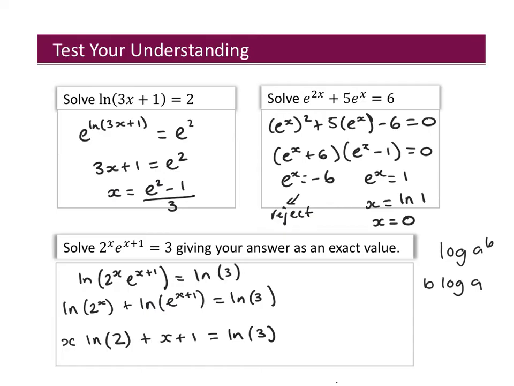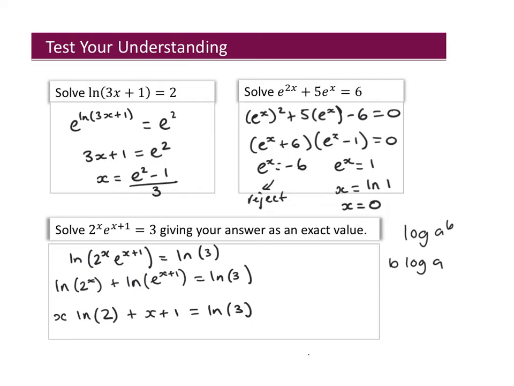I've now got 2 x's. I've got an x ln 2 and an x on its own. So what I'm going to do is take away 1 from both sides, then factorise out the x, okay? Just like we would if we were rearranging, because that's what we want, isn't it? We want x equals. So then I'm going to have x ln 2 plus x equals ln of 3 minus 1.